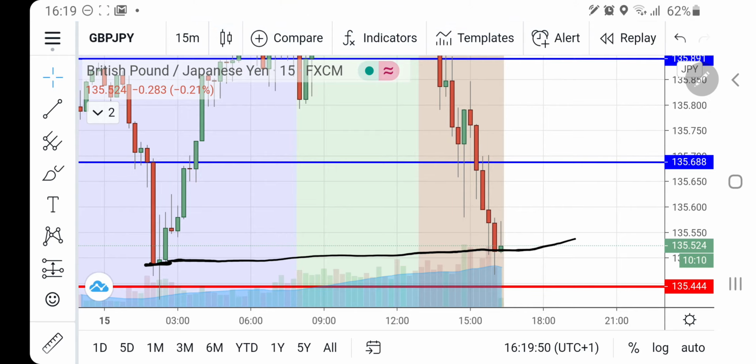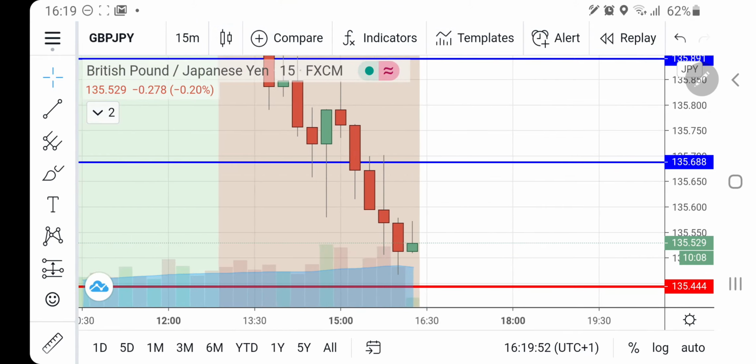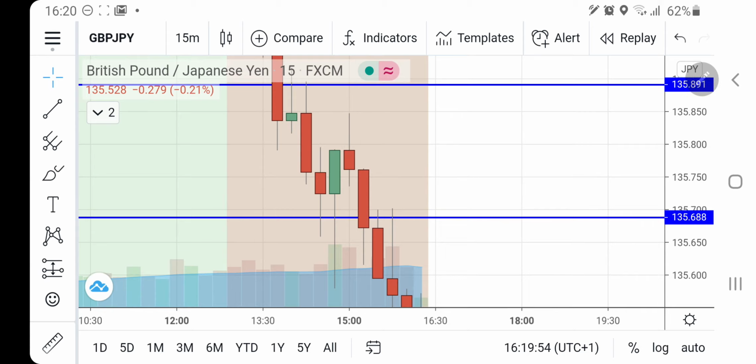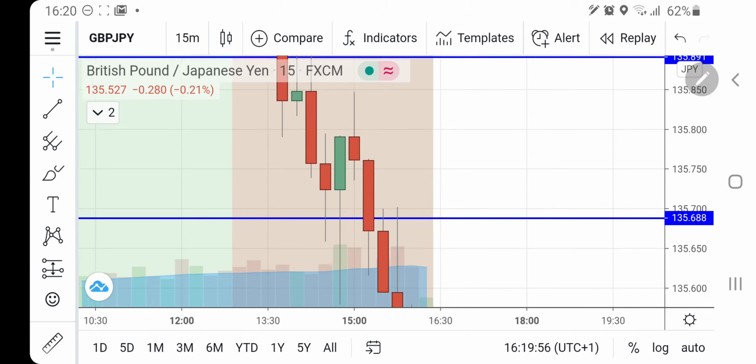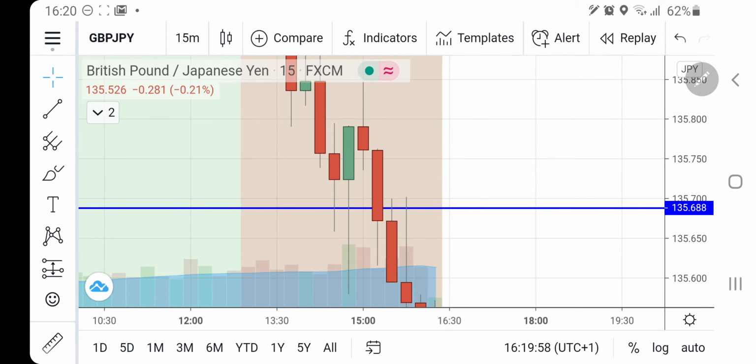The problem is, I got break even again. I entered here at this low because the candle came down, gave me like 10 pips, and then went back up again, and then came down again. So very unlucky, another break even.